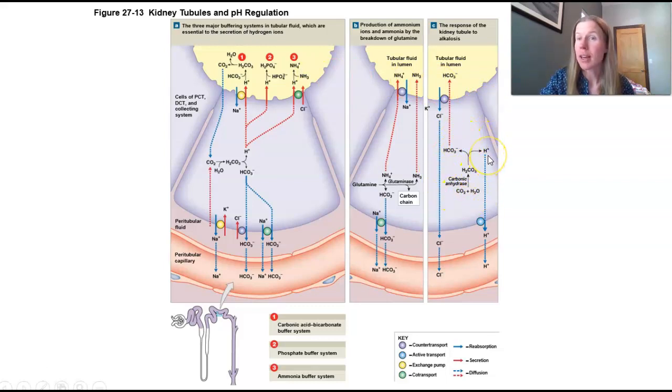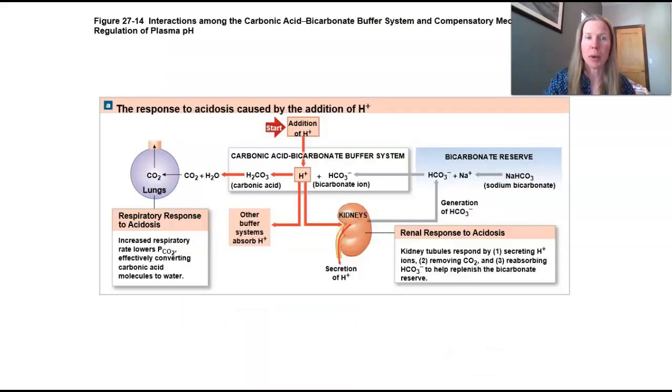We see that the kidney can also bring hydrogen into the blood, to lower the pH, and excrete bicarbonate in the urine. So the kidney gets to choose: do I hold on to bicarbonate and excrete hydrogen, or do I hold on to hydrogen and excrete bicarbonate? And so the kidney is really useful in this process as well.